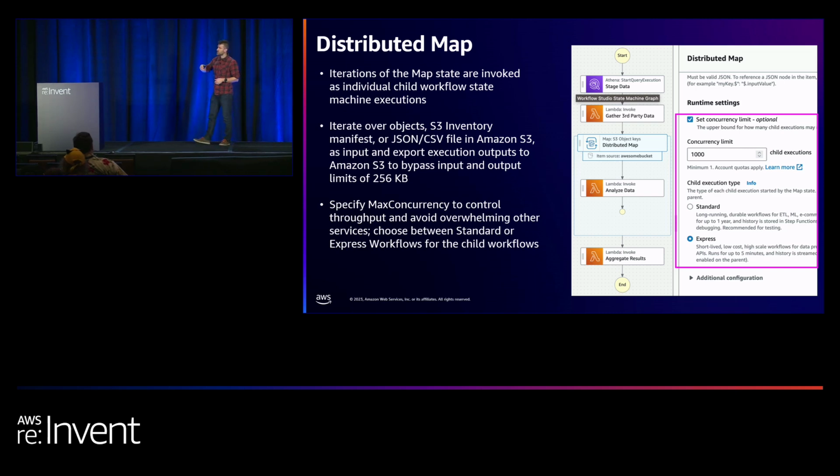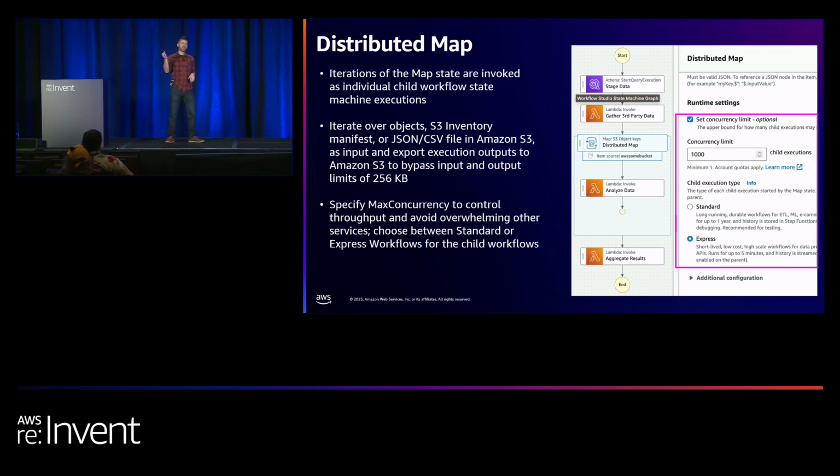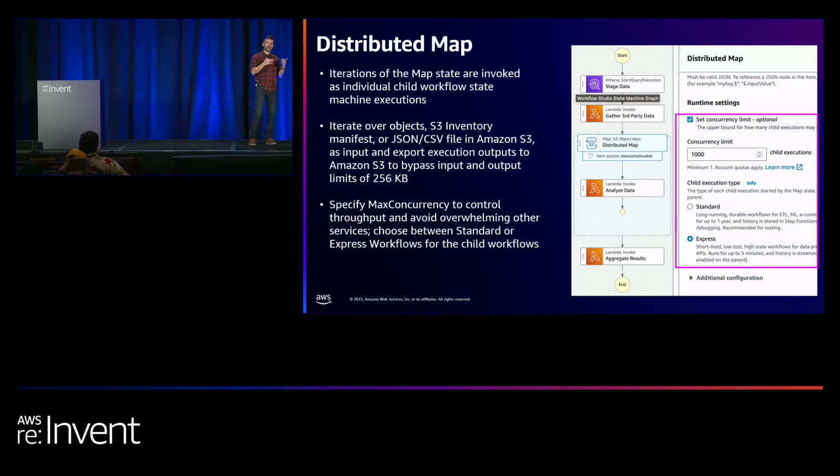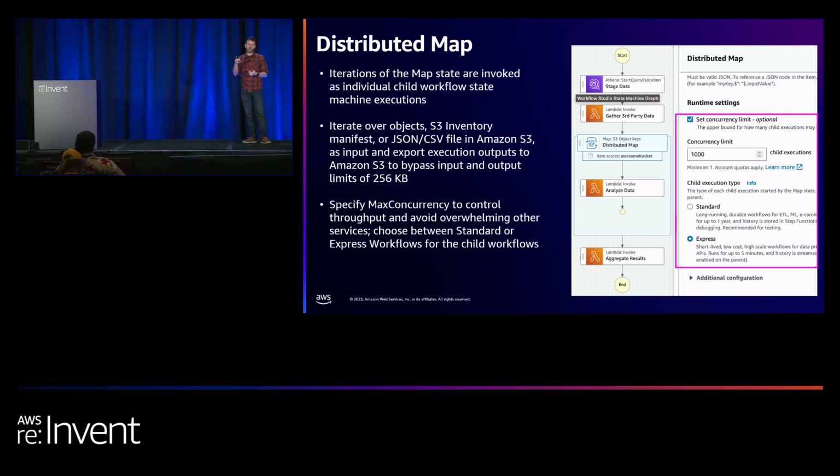You can also choose to run that child workflow as either a Step Functions Standard workflow or a Step Functions Express workflow. Most of the features I've been talking about so far are available in both Standard and Express. Standard is what we use for longer running workflows within Step Functions.